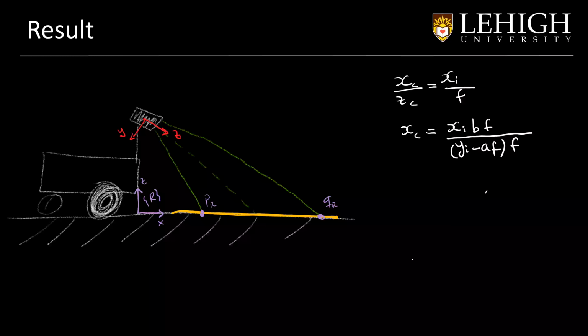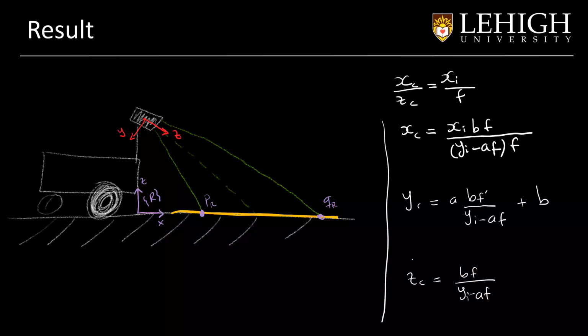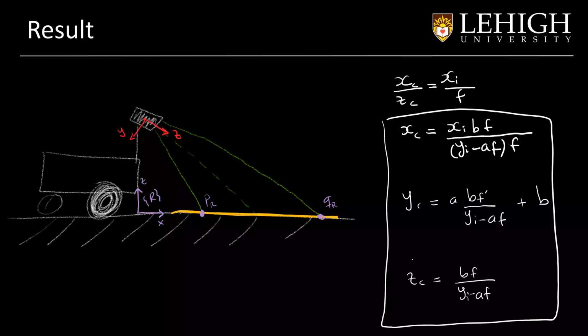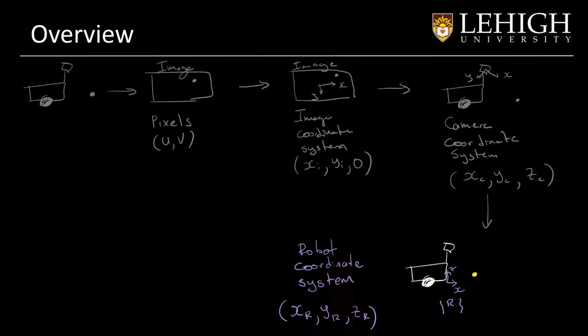And we can combine this result with the other 2 coordinates that we already have, and we obtain the coordinates of the point in the camera frame. In our pipeline, we finally obtain the coordinates of the 3-dimensional point in the camera frame.